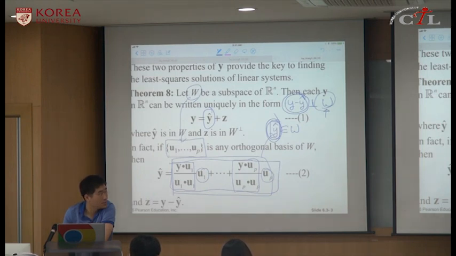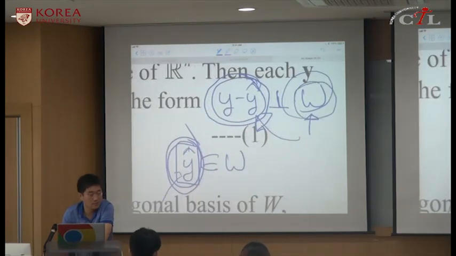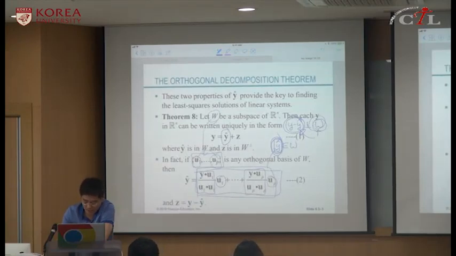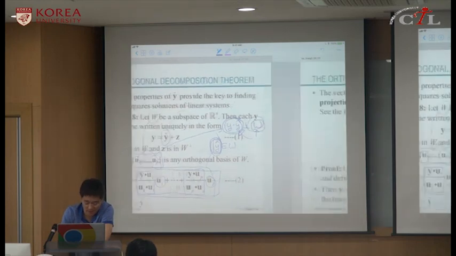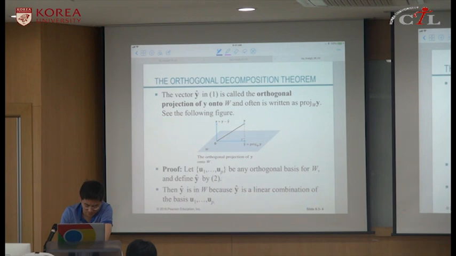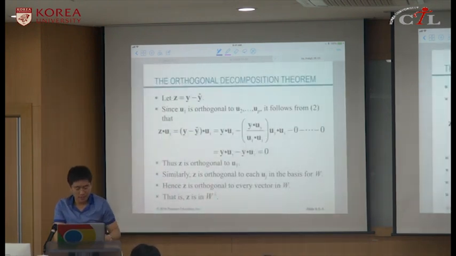So in other words, if we choose any vector from W, and that vector is always orthogonal to the given vector y minus y hat, there can be infinitely many cases, because we can choose infinitely many different vectors from W. But in order to satisfy that, we only need to satisfy a finite number of requirements: we have a finite number of basis vectors u1 through up, and if those are orthogonal to y minus y hat, that is equivalent to y minus y hat being orthogonal to any vector from W. Okay, so let's just look at that kind of condition.